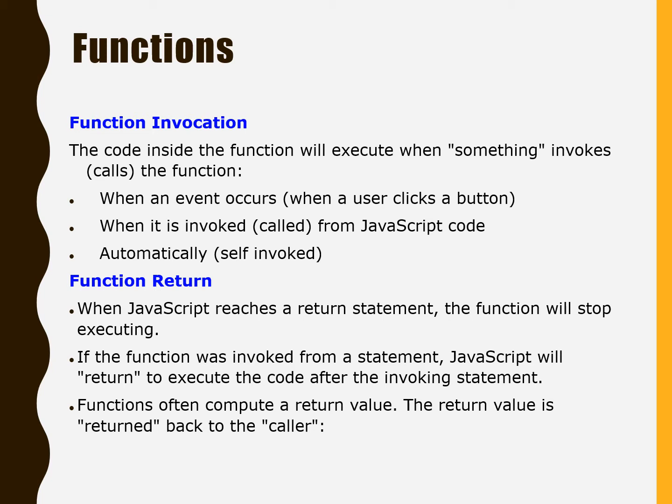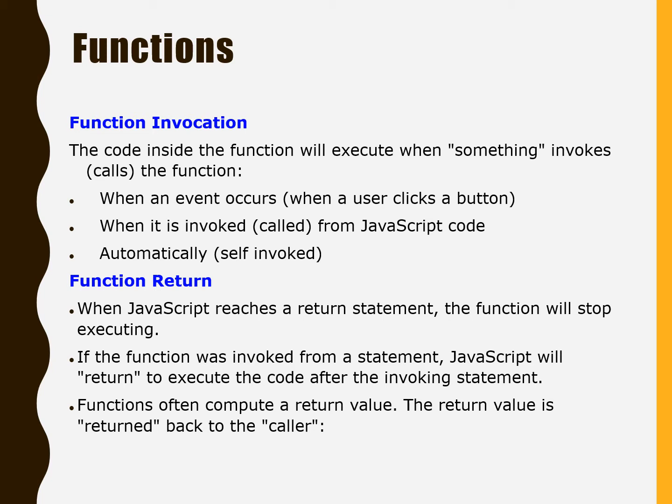So JavaScript will return the value from the function to the position where the corresponding function call happened. Functions often compute a return value and the return value is returned back to the caller.